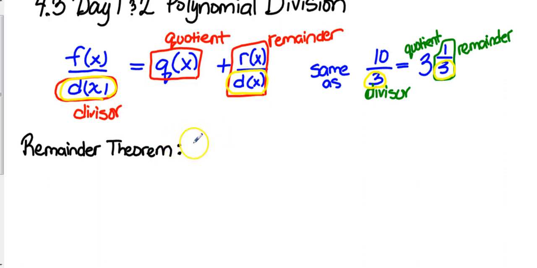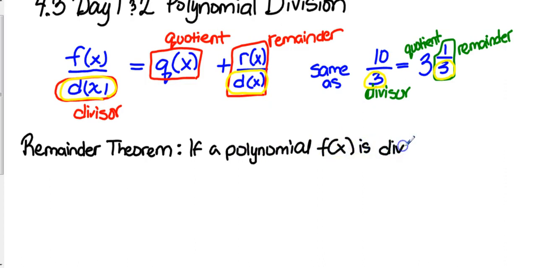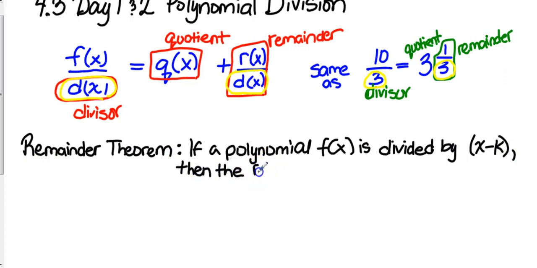The remainder theorem says that if a polynomial f of x is divided by a factor, let's say x minus k in general, then the remainder, we'll call that r, is r equals f of k.